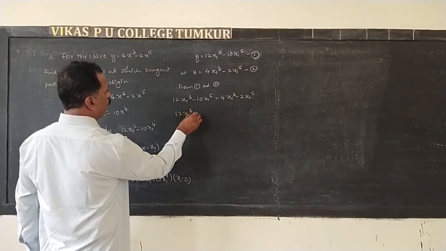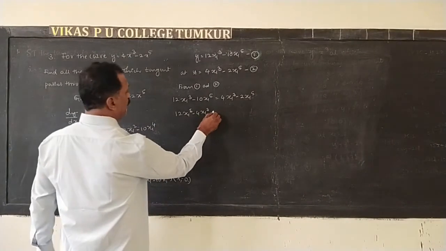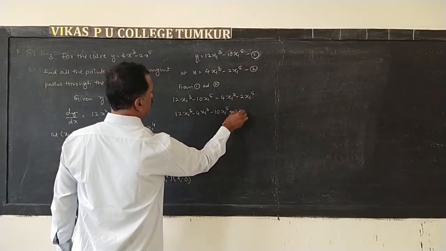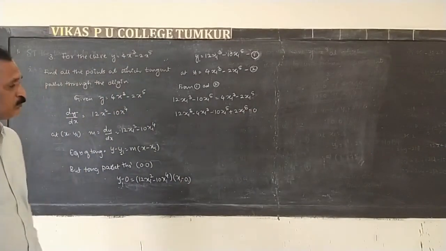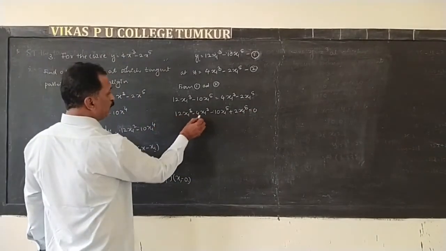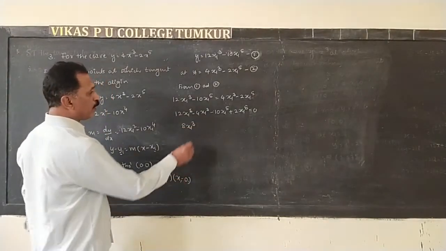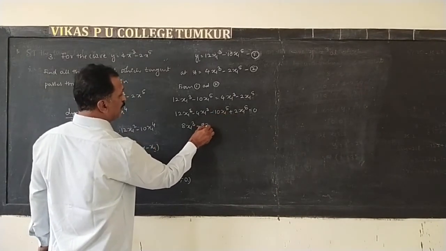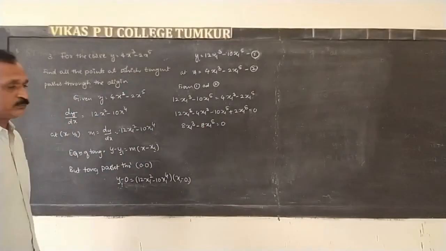12x1 cube minus 4x1 cube minus 10x1 to the power of 5 plus 2x1 to the power of 5 should be equal to 0. 12x1 cube minus 4x1 cube is 8x1 cube. Minus 10 plus 2 is minus 8x1 to the power of 5, which is also equal to 0.